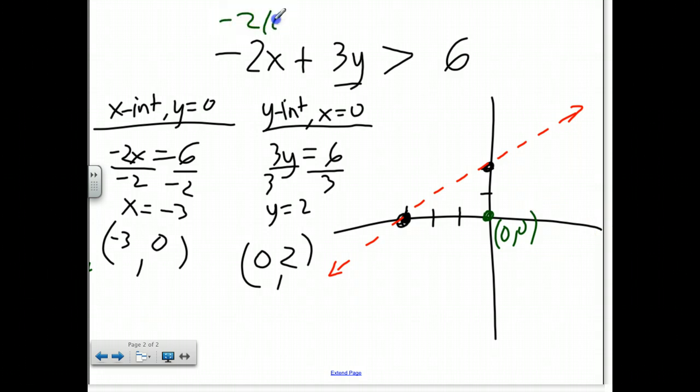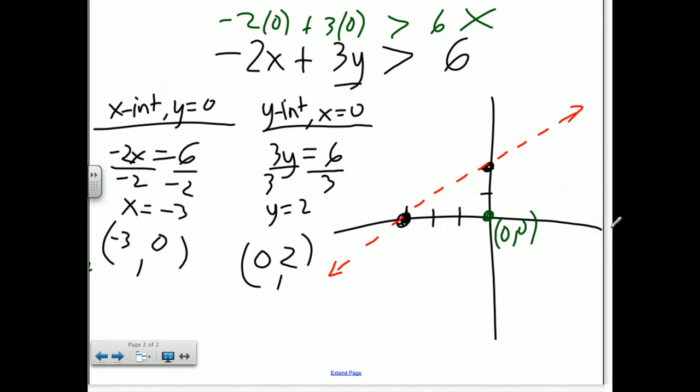So here it is: 0 for x, 0 for y. Is that going to give you a true answer? No. Why? Because it's all zeros. 0 is less than 6, not greater than, right? So therefore this is false. You picked this point, you tested it, and it's false.